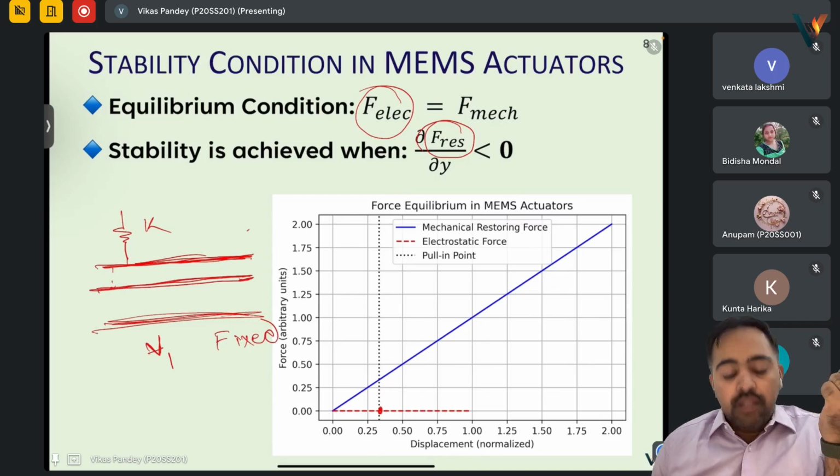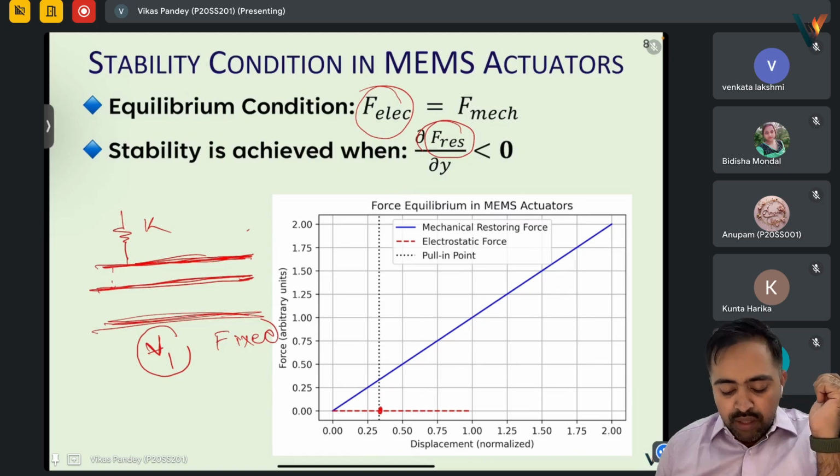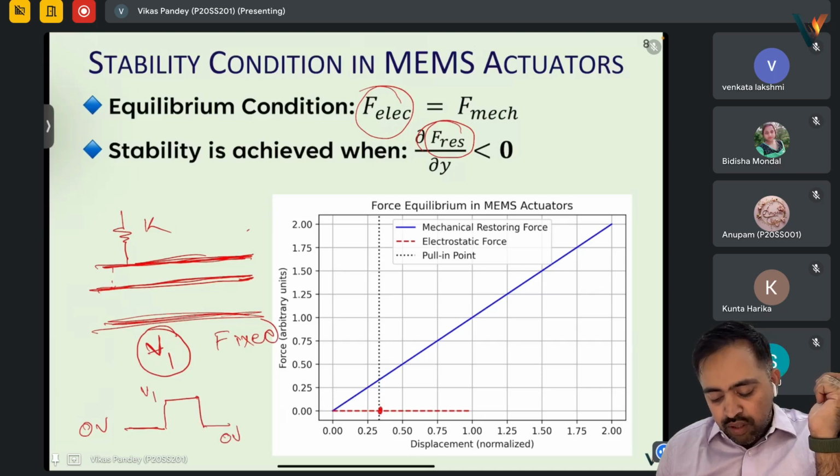What will happen if I am not fixing this voltage, but instead I am giving 0 volt, then V1, then again 0 volt, then V1, like this. So what will happen in this case?